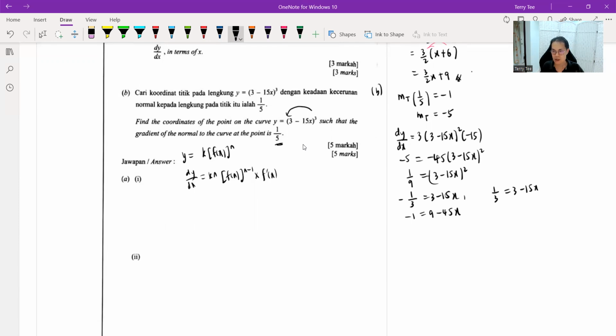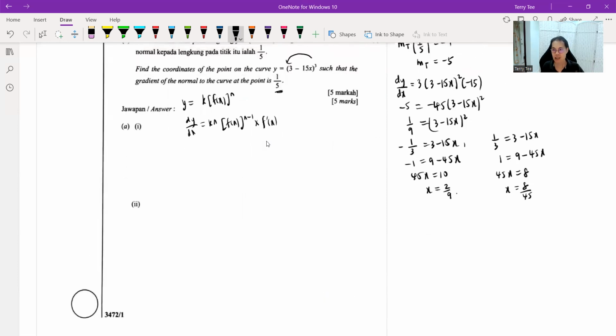So this is 45x equals 10. 10 divided by 45, x is 2/9. The second one, I times with 3. 9 minus 45x. 45x is 9 minus 1, which is 8. x is 8/45. It's not a nice number, that's the problem.